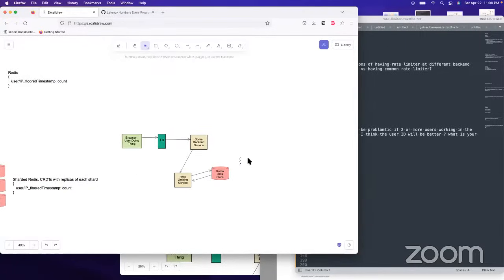Okay, and then over here, the schema is going to be very different. We're going to have either the user or the IP. So if you're just trying to limit my IP address to, let's say, 5 accounts per day, I'm going to do localhost.